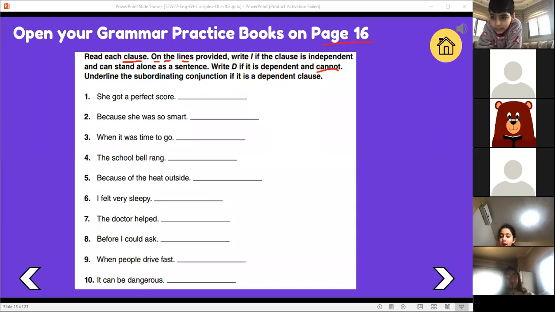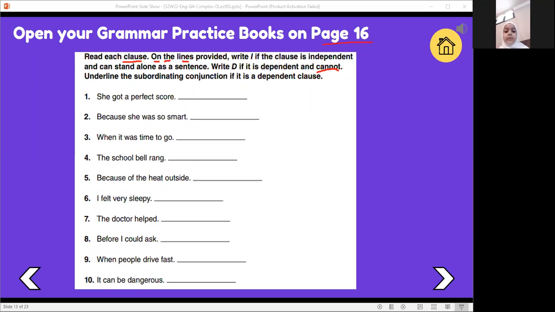This group of words doesn't give me a complete idea. When you have a dependent clause, you have to make it a complex sentence. If I have independent plus dependent, it becomes a complex sentence. Amazing. Bravo, Miss.